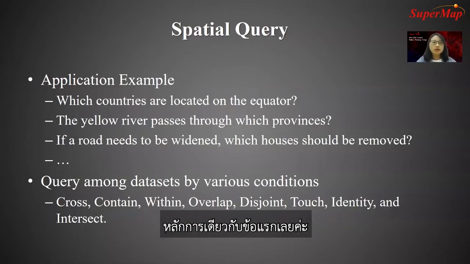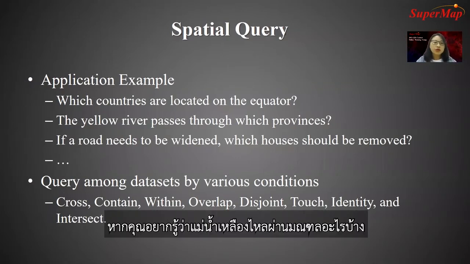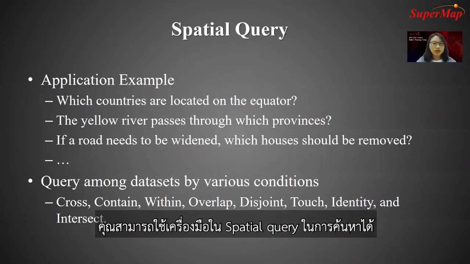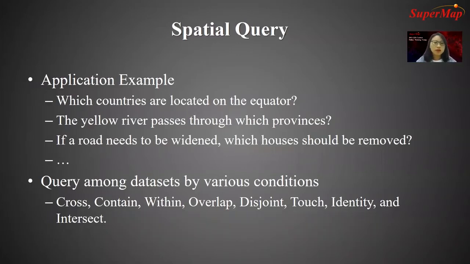That's the same as the first one. If you want to know which provinces the Yellow River passes through, you can do the spatial query to check the relationship between the Yellow River and the provinces.